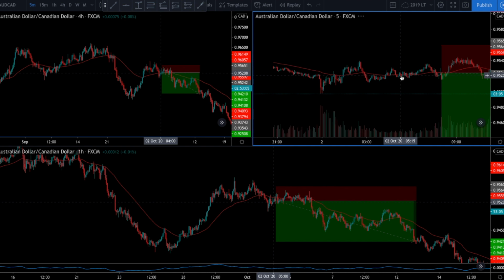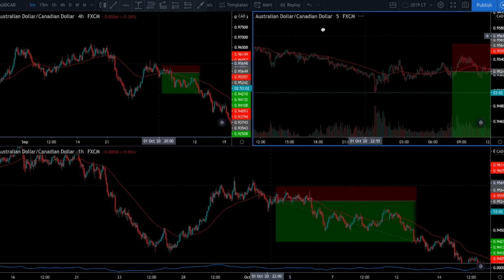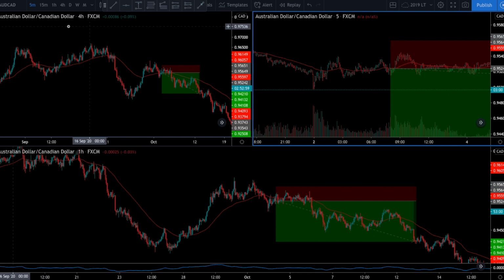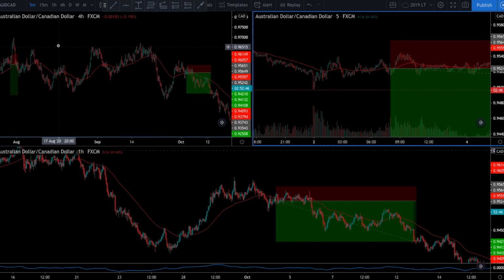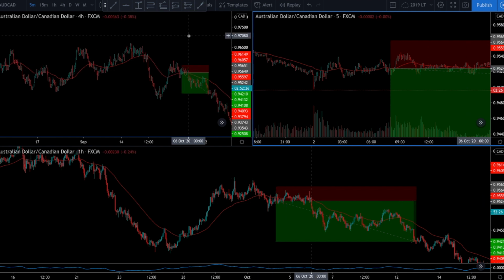So on my lower time frame charts, I have the 4-hour up here on the top left, the 1-hour down here, and the 5-minute chart. And as you can see on the 4-hour chart, this is that same 964 area that was on the daily where it was failing to break above it, and this was that breakdown and pullback, and this is where I got in.